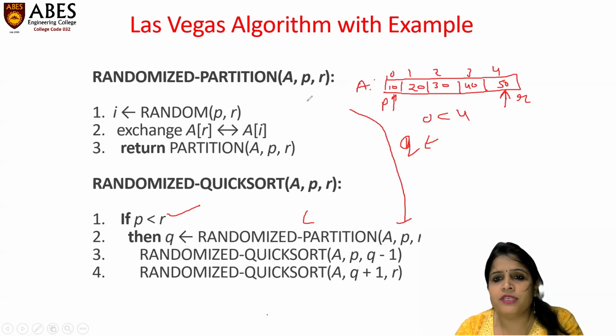So our call comes here. In the randomized partition algorithm, I is generated using a random function.